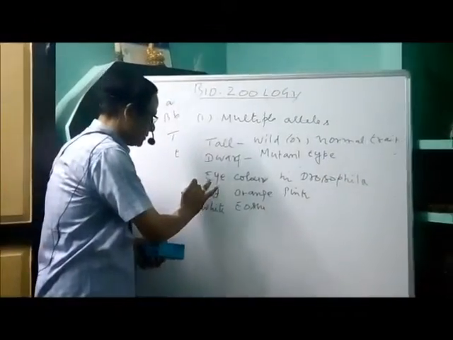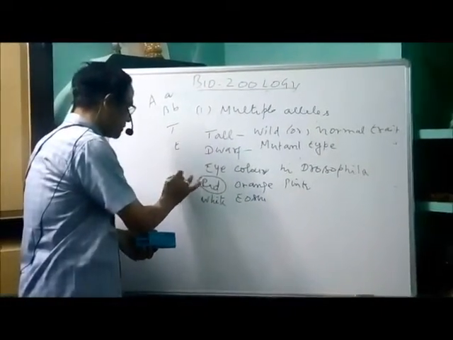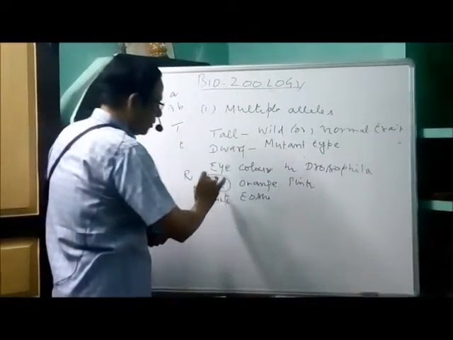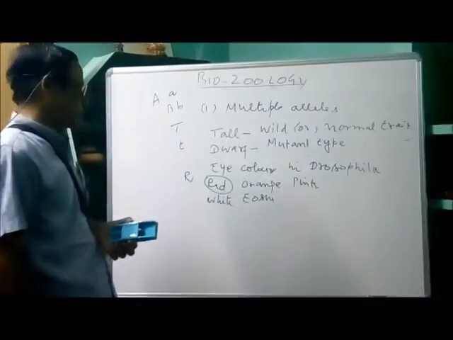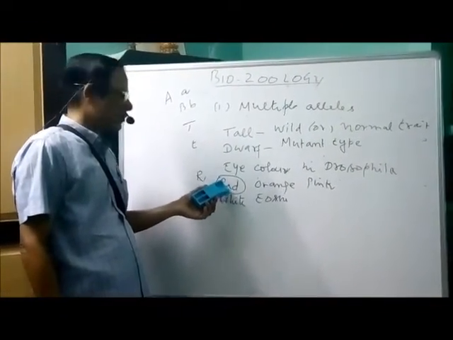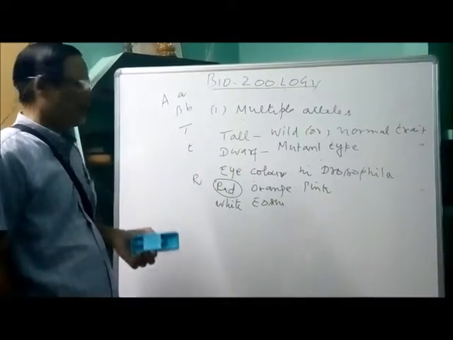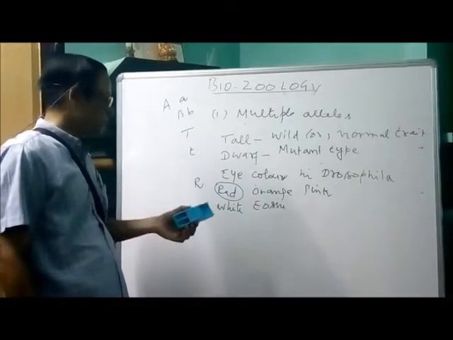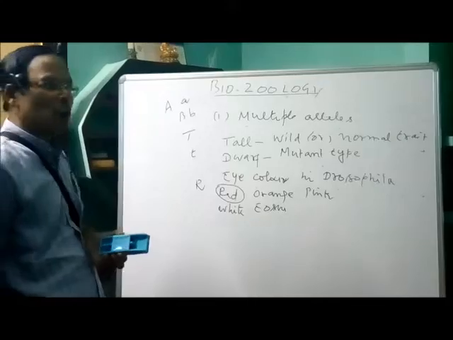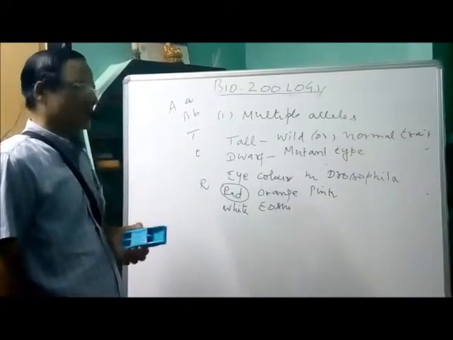Out of these, the red eye color is the dominant character, that is, capital R is the dominant character, and all others are recessive characters. When a cross is made between a red eye color fly and an orange eye color fly, we get only red. Or with white, we get only red. So red is considered the dominant character, and all others are recessive characters.